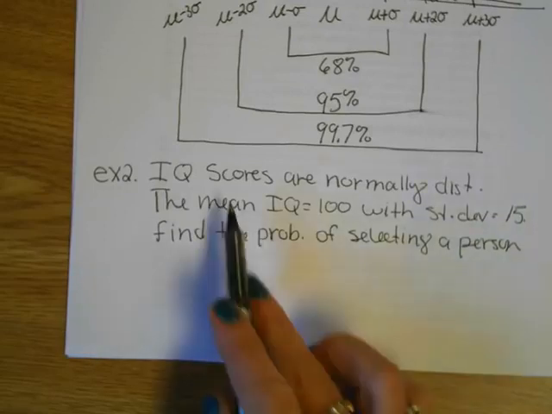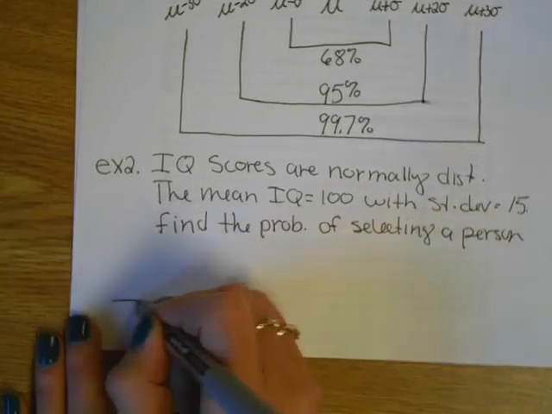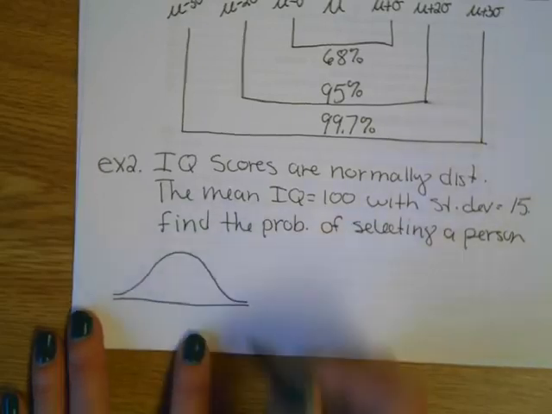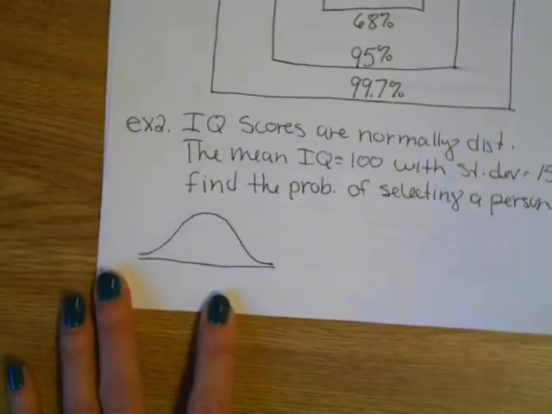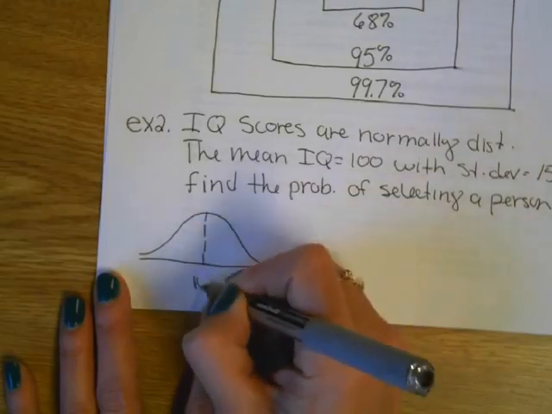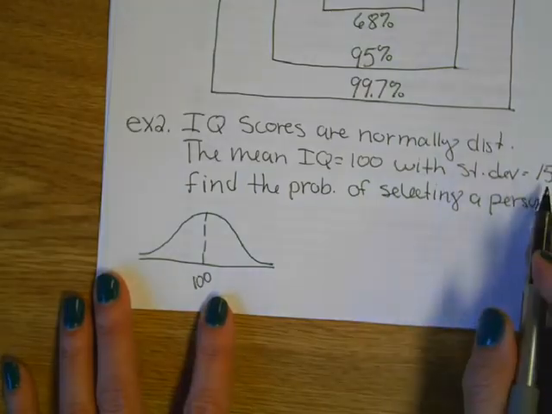So, first thing I told you was that IQ scores are normally distributed. I'm going to draw the graph so we can answer our questions. The average IQ score is 100. And the standard deviation is 15.